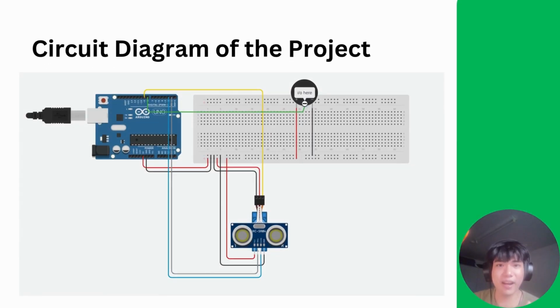Now we talk about the circuit diagram of our project. We have an Arduino board, and then we have the servo and the sensor with an attachment of some noise buzzers.